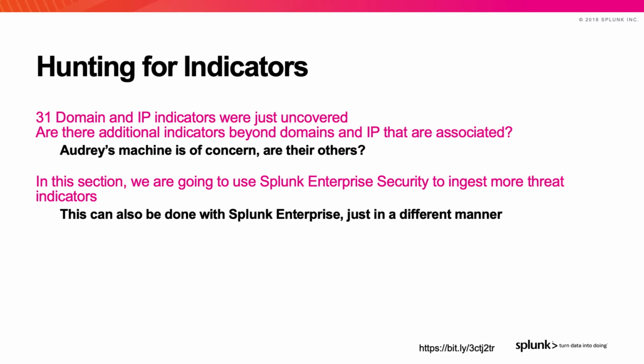We also know that Audrey's machine was the one that issued the DNS, so that is a specific system of concern to us. But do we know what other systems may have been impacted by this or have touched these suspicious domains and IPs? So now we're going to walk through using Enterprise Security again, ingesting some threat indicators, and then pivoting back and hunting against those.